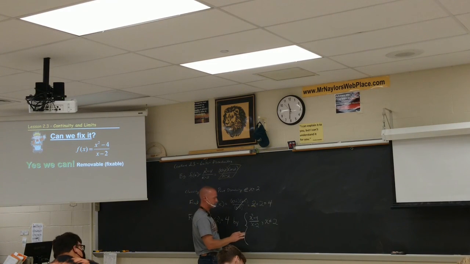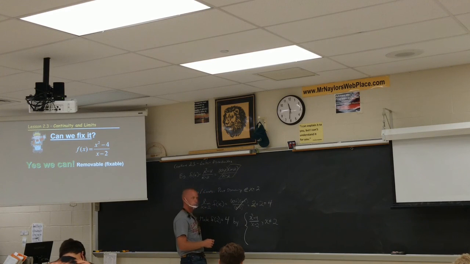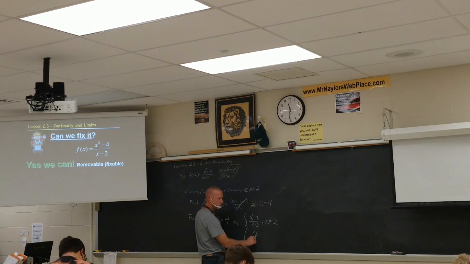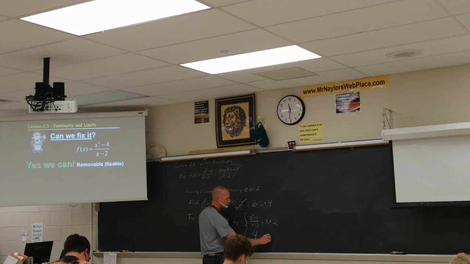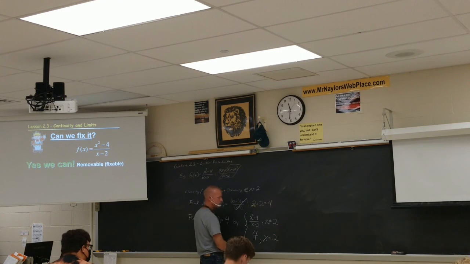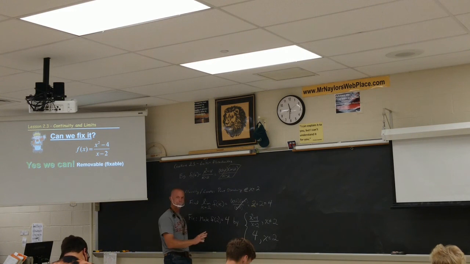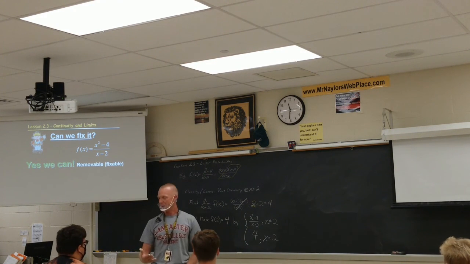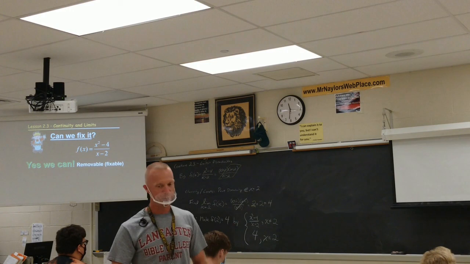But here's the fix. And again, don't blink, sneeze, or leave because you're going to miss it. Here we go. We're going to use the number 4 when x equals 2. And by writing that, I have filled in the point discontinuity. I have filled it in with the number 4.